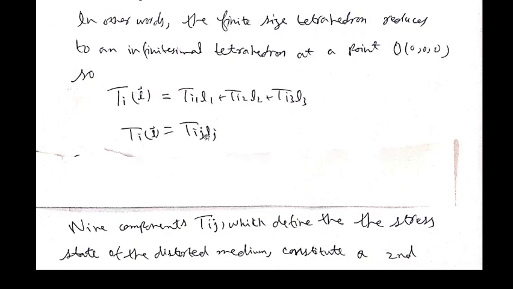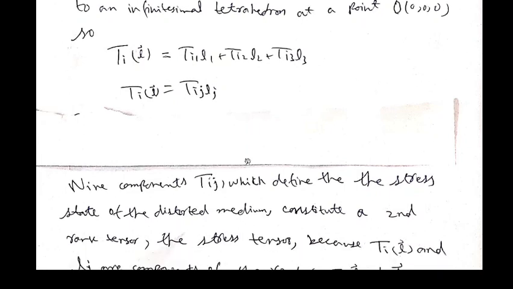The components t_ij are the components of a second order tensor, and this tensor is the stress tensor.